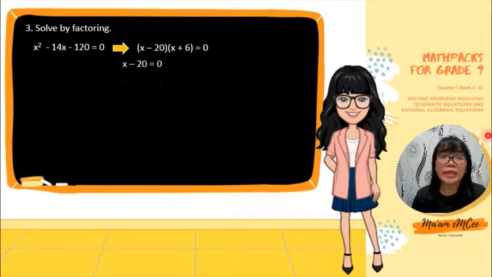And then the next thing that we need to do is to equate each factor to 0. So x minus 20 will be equal to 0, and x plus 6 will be equal to 0. In order for us to get the value of x here, we need to transpose negative 20 to the other side of the equation.